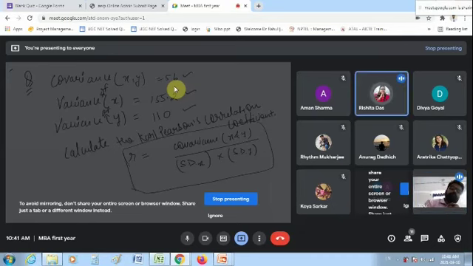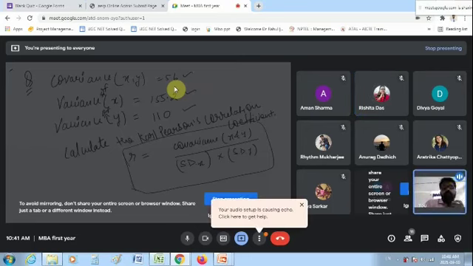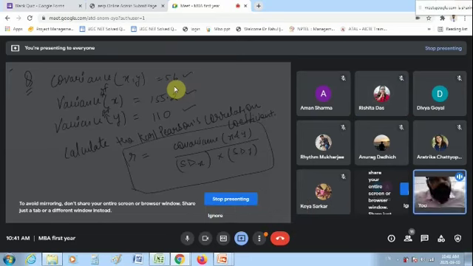Sir, is variance x minus x? Sorry, I'm just confused about the variance of x. We have a formula saying covariance divided by the standard deviation of X into the standard deviation of Y, but we don't have the standard deviations. We have covariance, we can put it as 56, but what about the standard deviation of X and the standard deviation of Y? That is why I have taken this question.